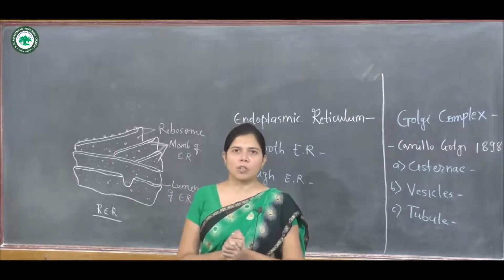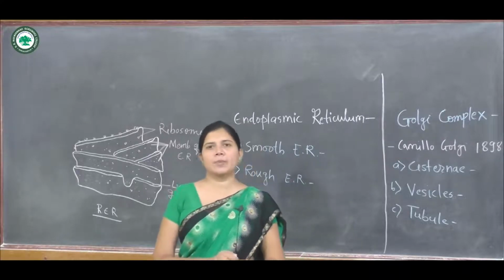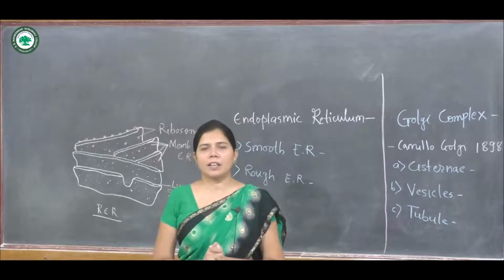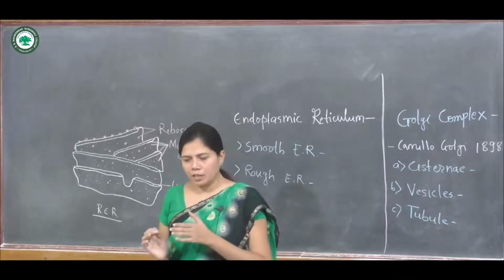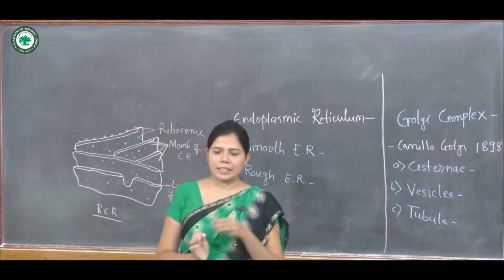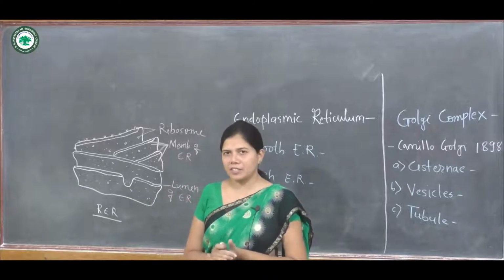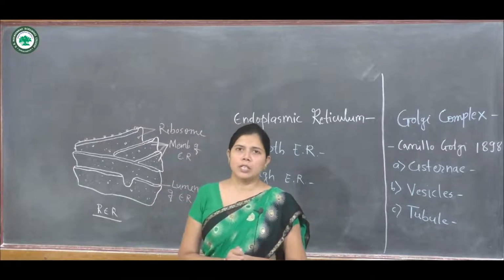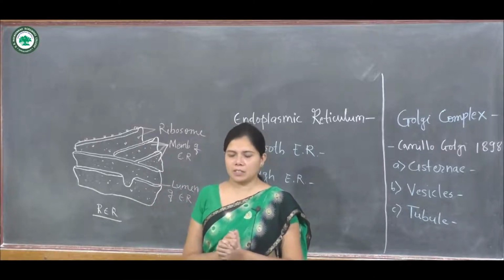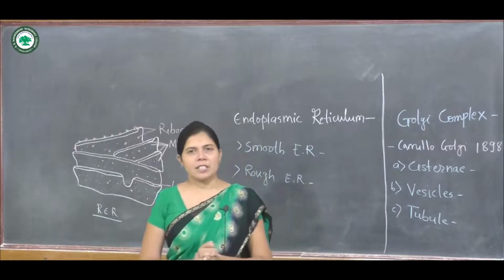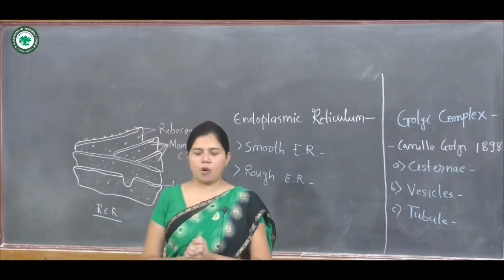Same as the Golgi complex, the elements are the cisternae, flattened parallel sacs; the tubules, irregular branching; and the oval shaped vesicles. The vesicles are found in chain form.